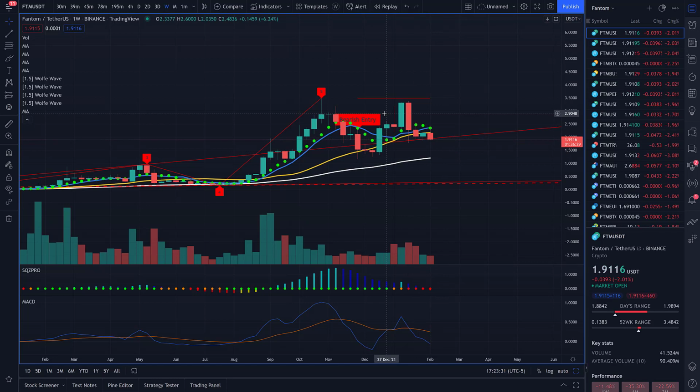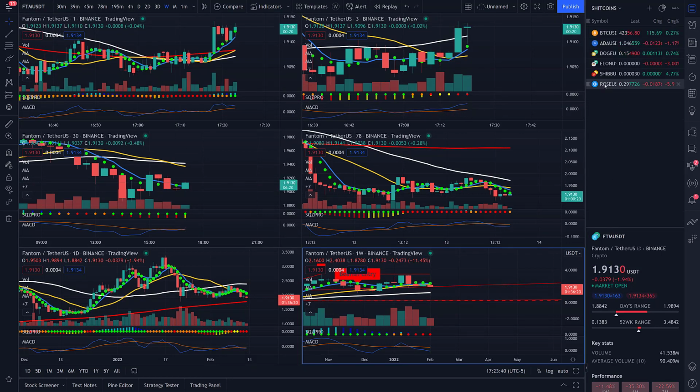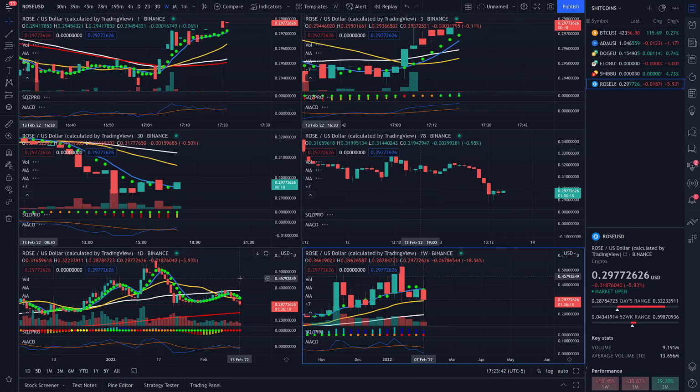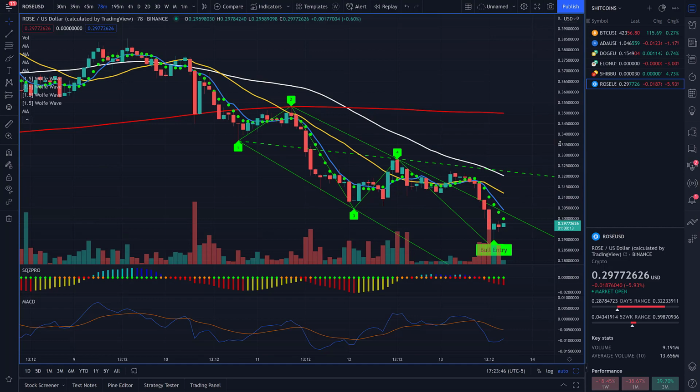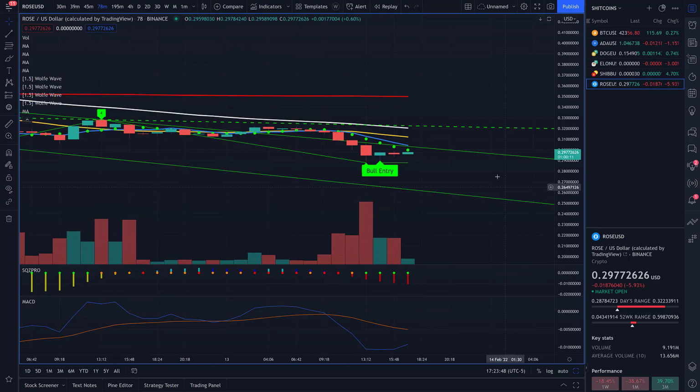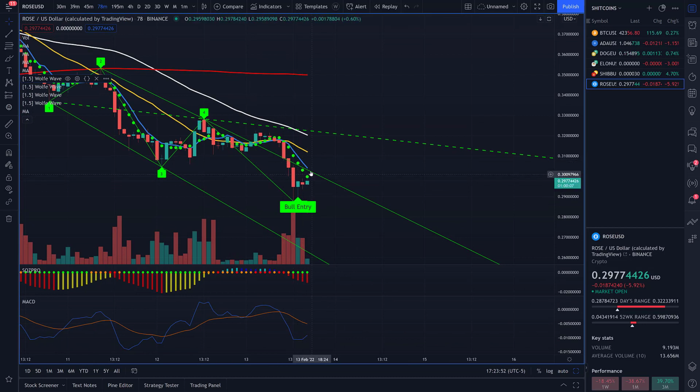And what you also want to do, if you find something like a Wolfe wave, for instance, let's go to the shitcoins here. Let's say we go to Rose. Let's say that on the 70-minute time frame you have a bullish Wolfe wave, and the 2 and 4 and 1 and 3 lines don't converge into an apex.